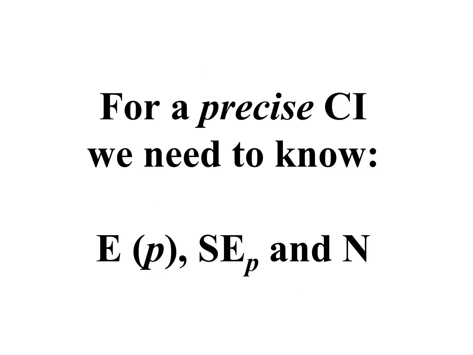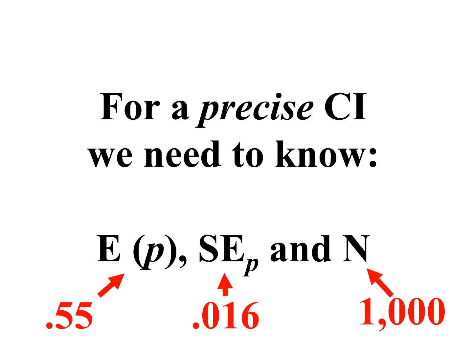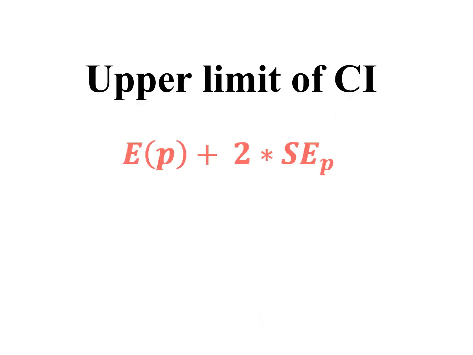We mentioned earlier that for a precise confidence interval, we need to know the expected value of p, the standard error, and n. Well, we have those values already. The expected value of p is 0.55, the standard error is 0.016, and n is equal to 1,000.